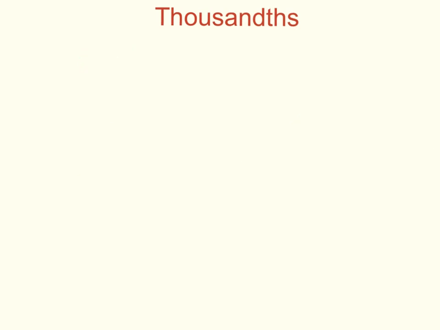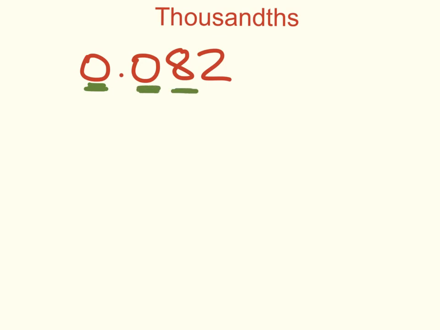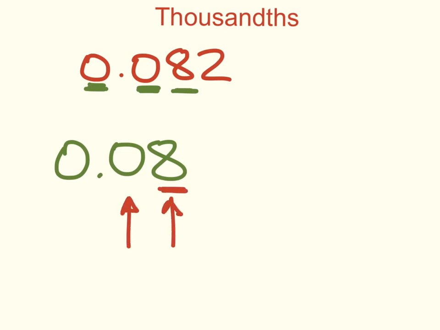This is the last example, I promise. Here's a number to represent in expanded form, 0.082. Well, there's no ones, so I don't have to represent that. There's no tenths. There's an 8 in the hundredths, so I'm going to start by writing 0.08 because I'm representing this 8 in the hundredths place value, tenths, hundredths.